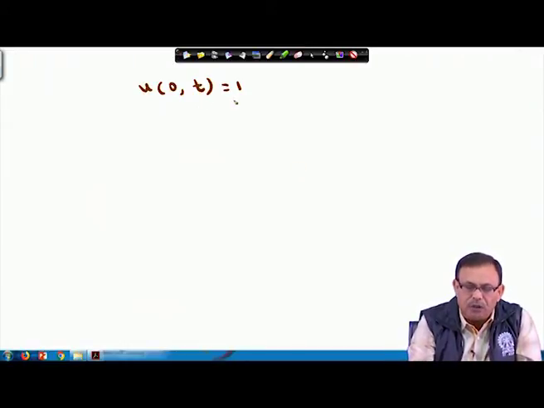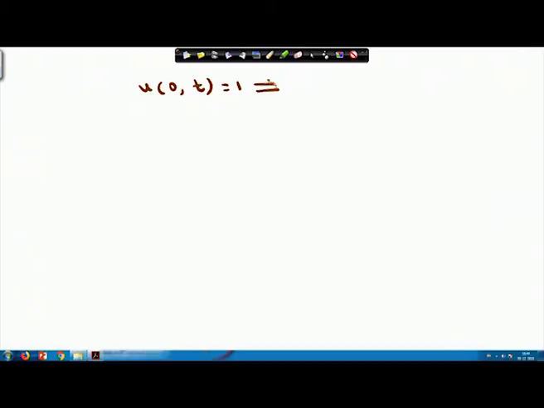So if I take the Laplace transform on both sides of the given condition, then I will obtain u bar (0, s), the Laplace transform of u(0, t), and the Laplace transform of 1 is 1 by s. So u bar (0, s) equals 1 by s, which we obtain from u(0, t) equals 1. And we have been given one more condition, that u(1, t) is also 1.